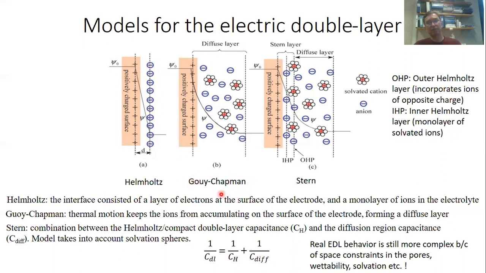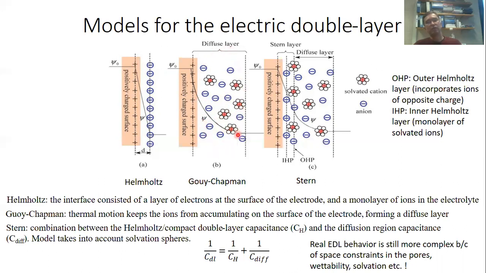The Chapman model assumes that because of thermal motion, the ions do not lie rigidly and fixed on the surface, but they somewhat bounce back and forth from the surface.